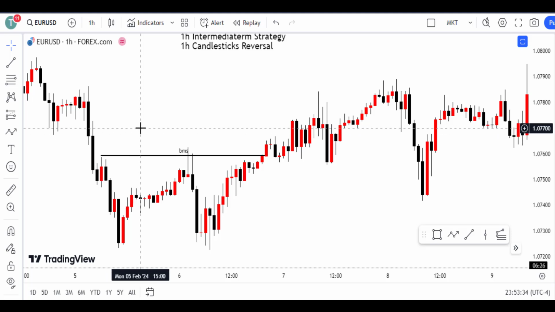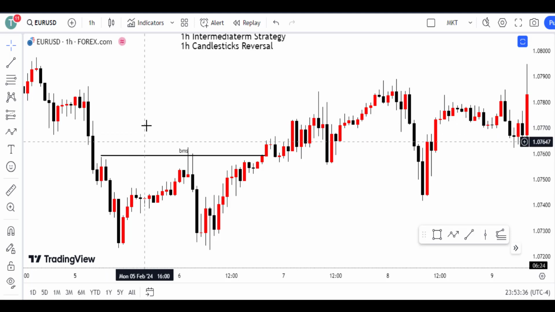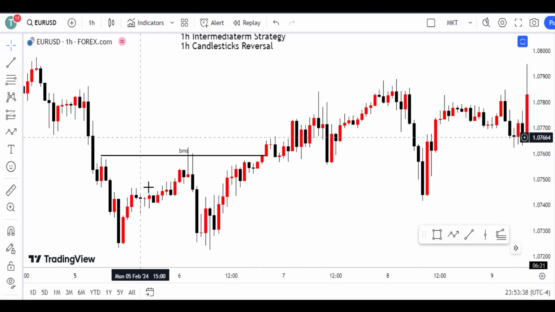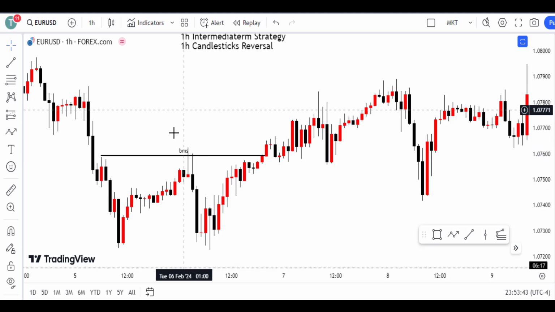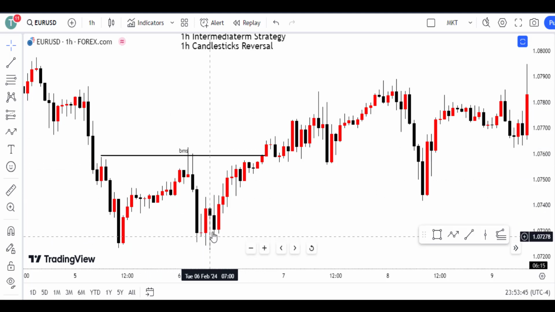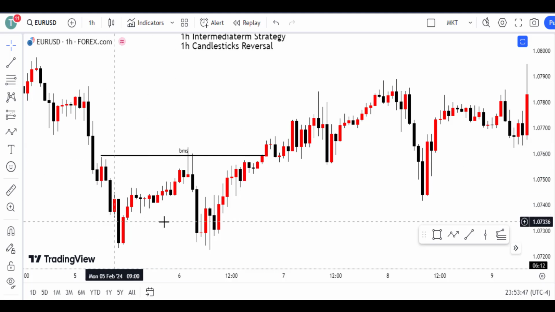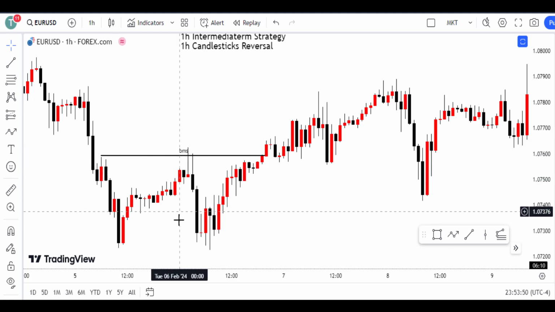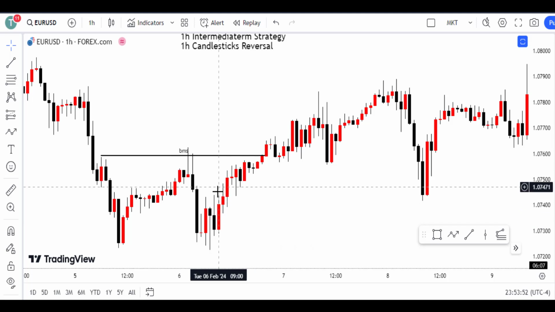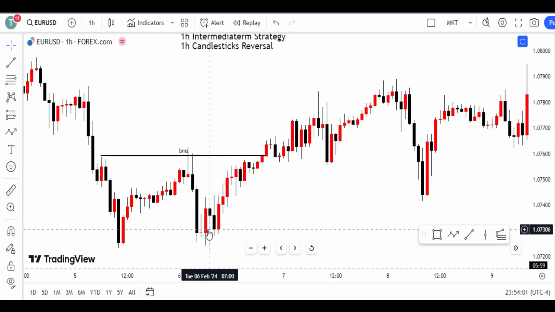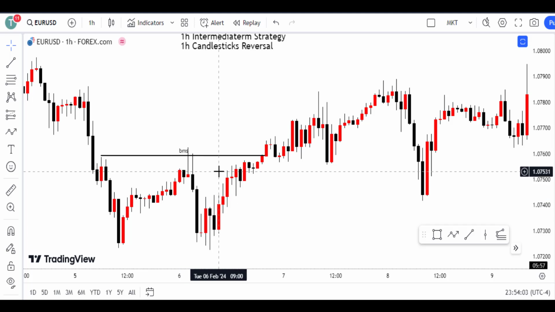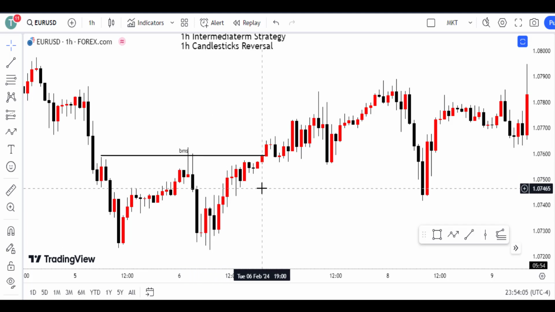It's like making a lower low in the market, and after making a lower low on either the 1 hour short term highs and lows or the 4 hour short term highs and lows, you notice there was a market structure shift. That market structure shift is called intermediate term highs and lows. If the market is retracing, that market structure can either fail, act as liquidity, or act as a stop point in the market. You understand what I'm saying?